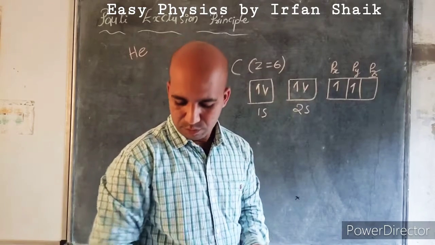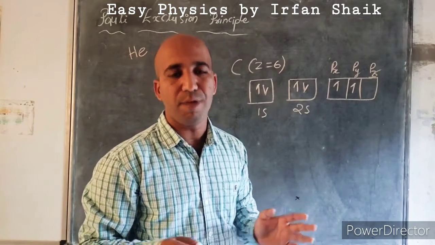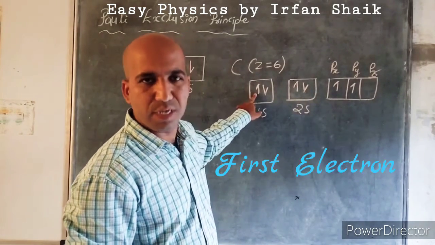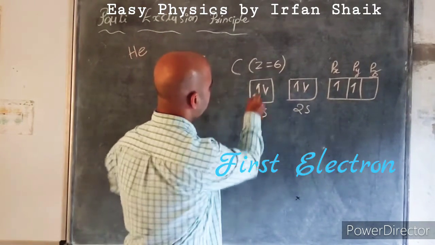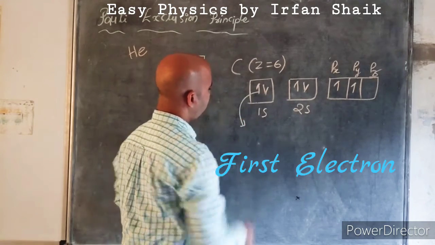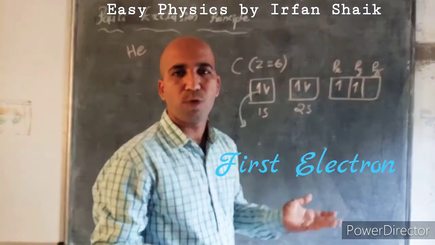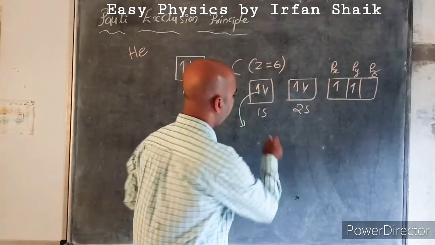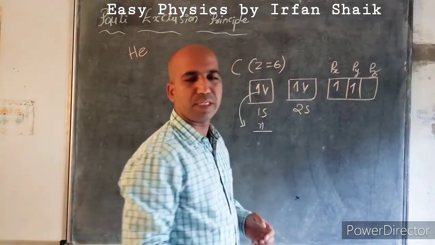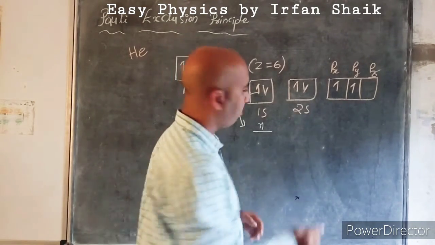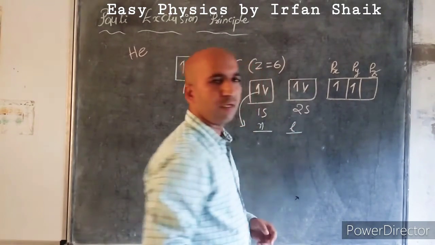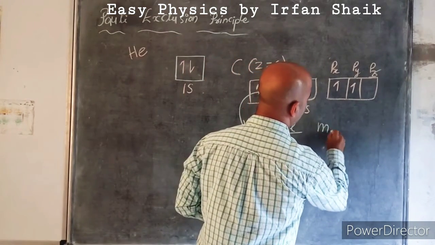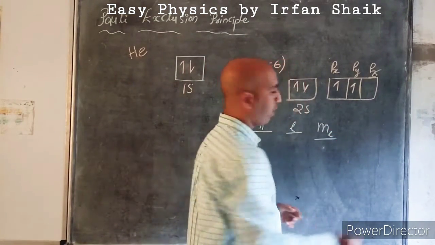Now let us write the quantum numbers for any two electrons. Let us take the first electron. We have four quantum numbers: the principal quantum number, the angular momentum quantum number, the magnetic quantum number, and the spin quantum number.